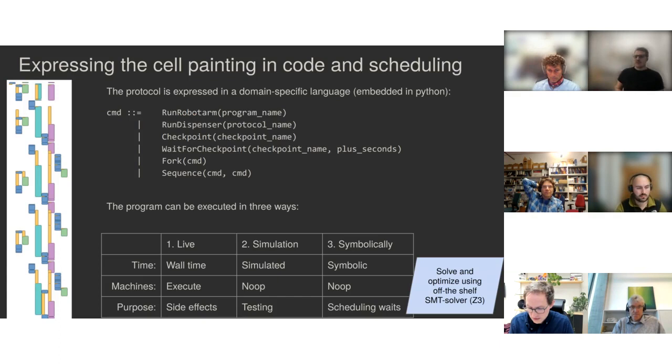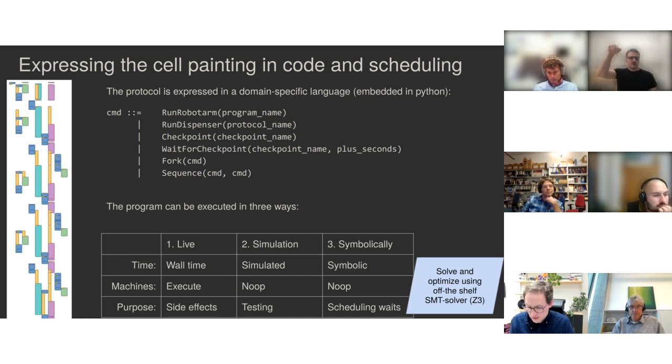So then one other big part of this is how to express this Cell Painting protocol in code and how to schedule it. On the previous slide we had a command to be executed, and this is also how you express it.